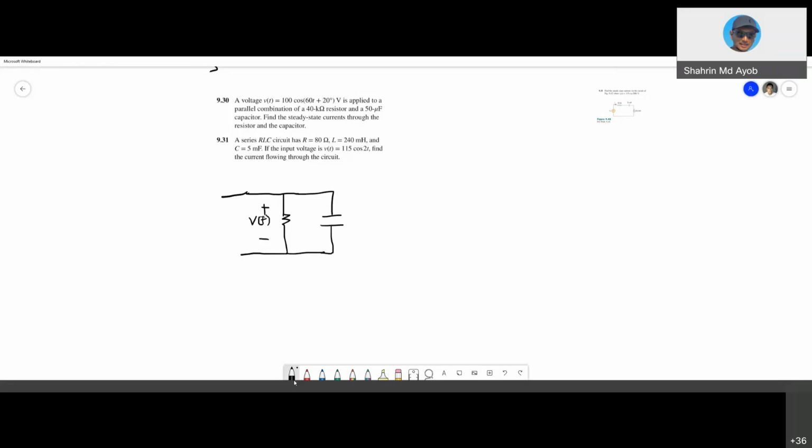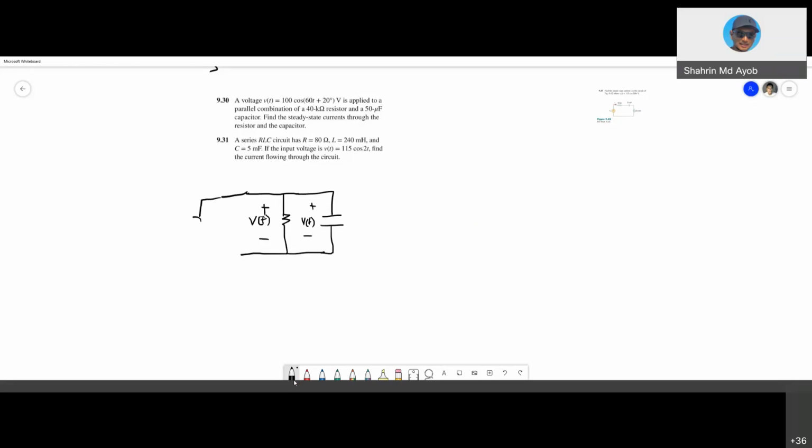The voltage is applied to a parallel combination, meaning the same voltage will be across the resistor and also the capacitor, which is 100 cos(60t + 20°) volts.